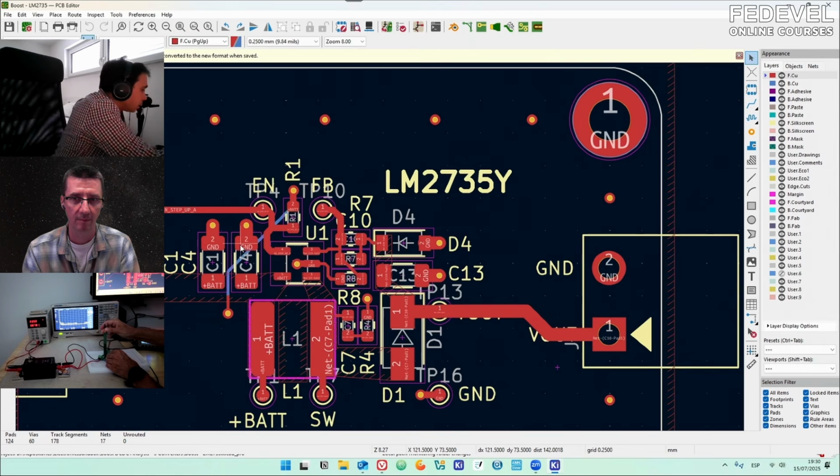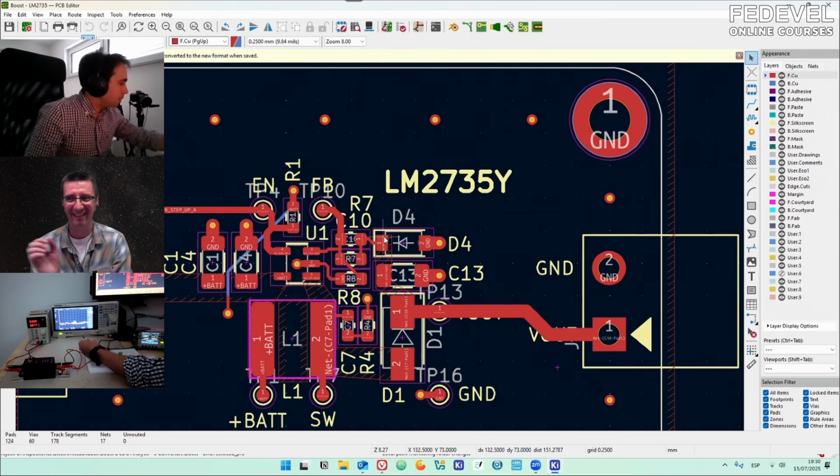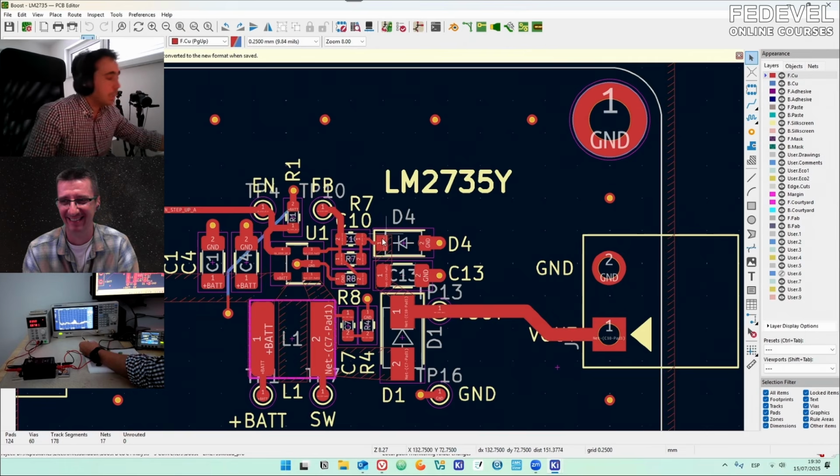Now I rotated it 90 degrees so that it is facing this component. It's really vertical, and on this place, so you really have to play around. So it takes a little bit of patience.